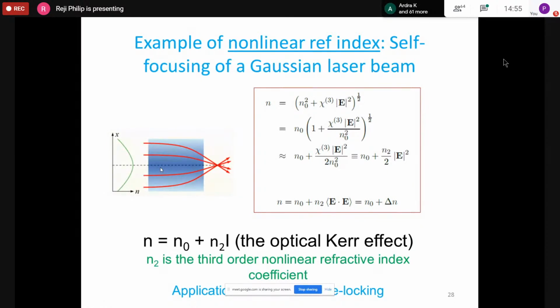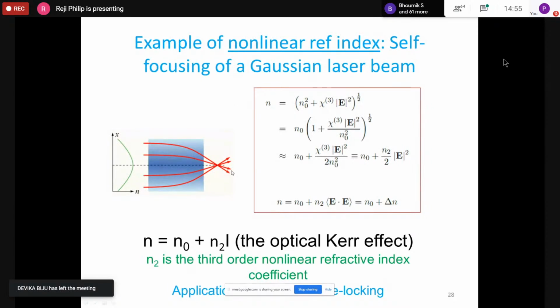Divide that by the refractive index, and that is the velocity in a medium. So c by n is smaller here compared to here. The light will pass faster in this region and slower in this region. The effect of this is a focusing of the light beam. This is what we call self-focusing, because we did not use a lens.